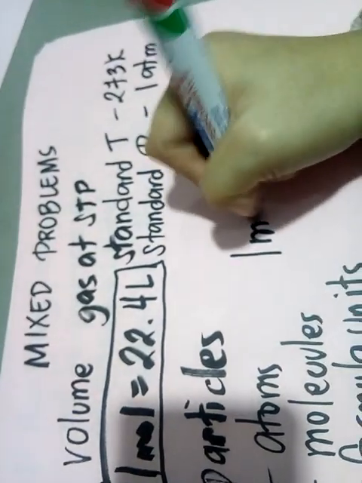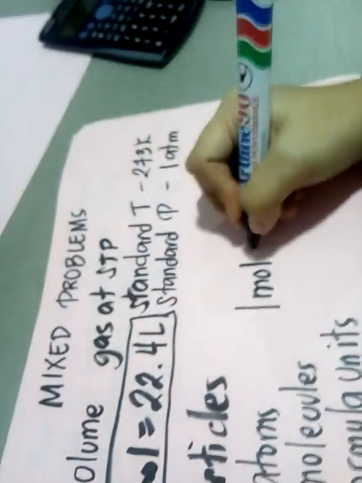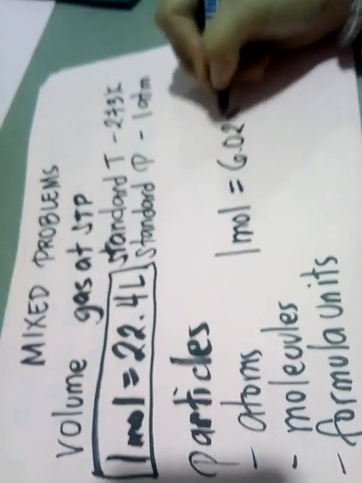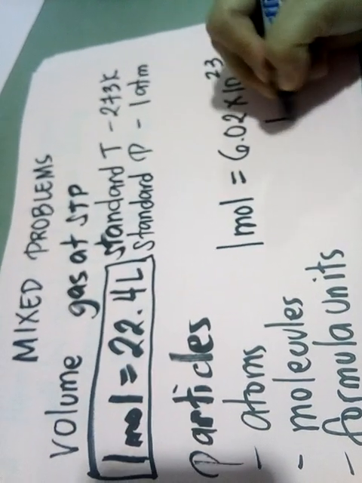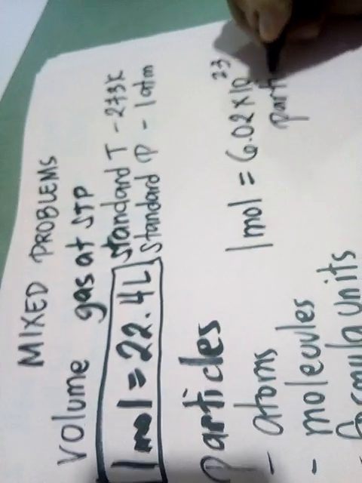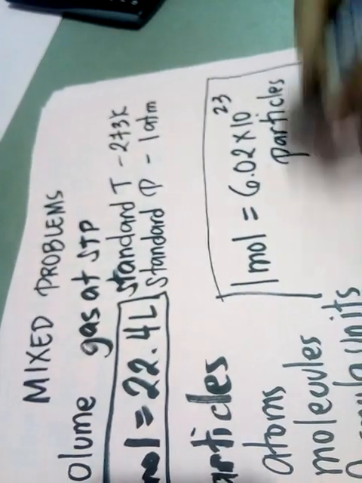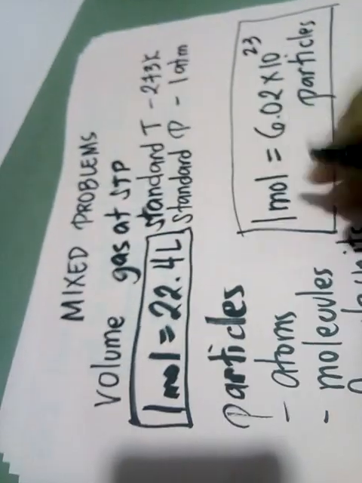Based on Avogadro's constant, 1 mole of any substance is equal to 6.02 times 10 raised to 23 particles. So if you have a substance which is 1 mole and you are looking for the number of particles, you use Avogadro's constant.